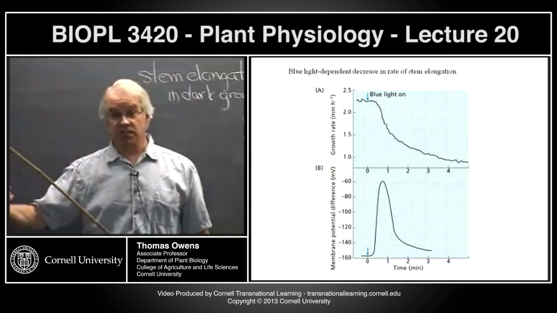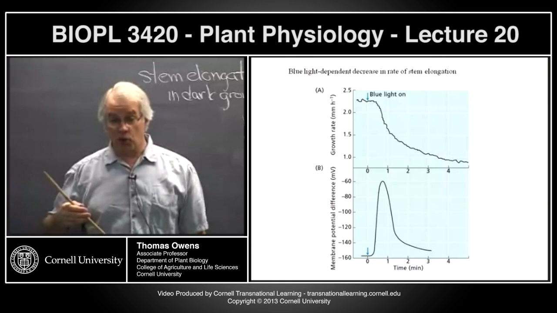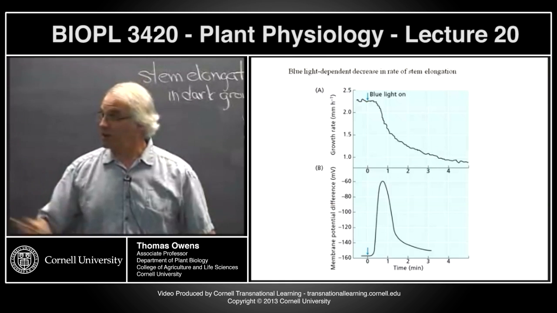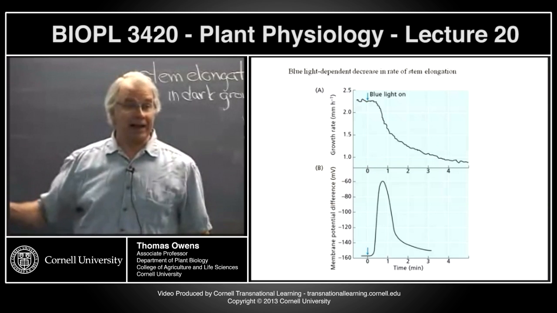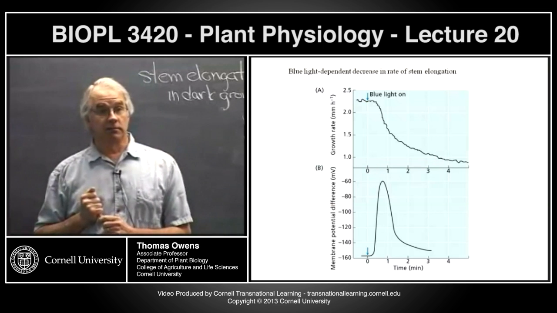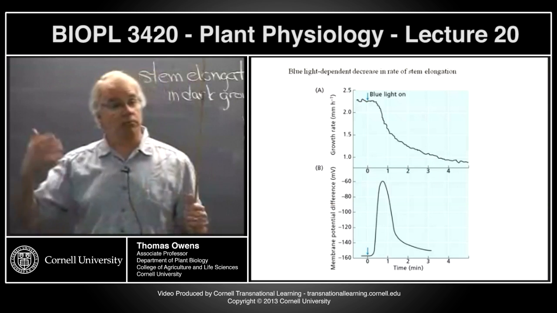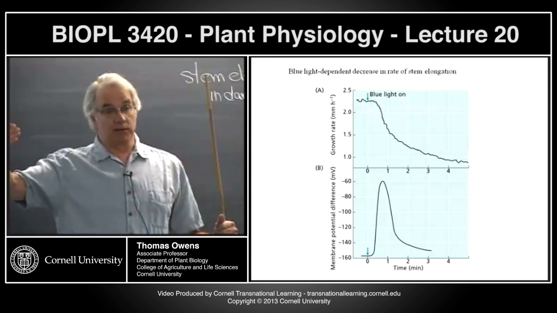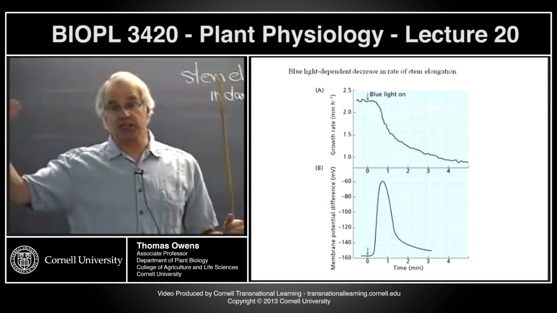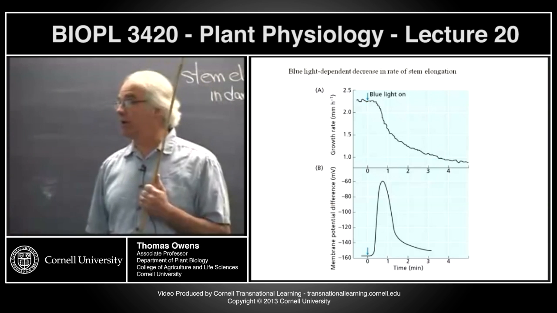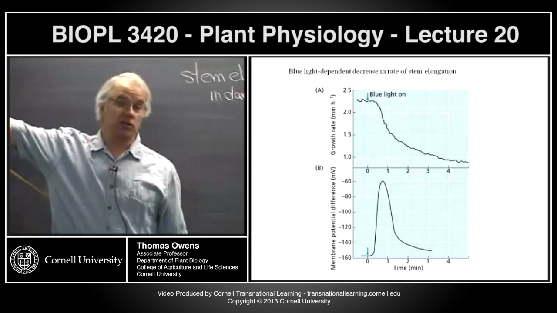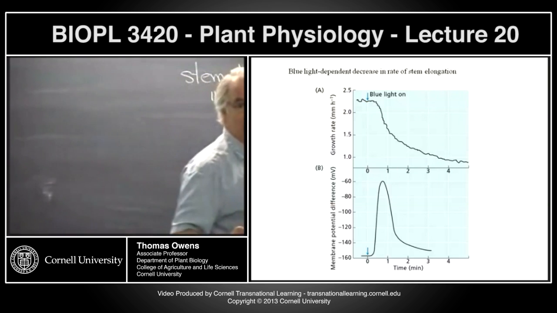There's got to be changes in the solute permeability of the membrane, but that change has to be for charged species, right? So these changes here represent ions moving into or out of the cell. So it tells us that somewhere between one of the responses to blue light is changing the permeability of the plasma membrane to some ions, and that may be in some way related to the decrease in stem elongation.